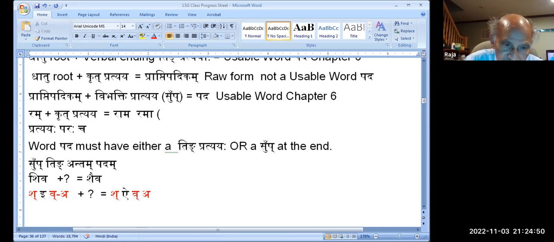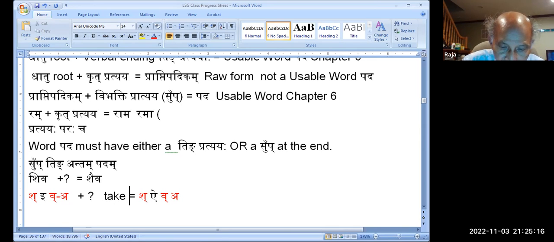What's the relation between E and I? In simple non-Sanskrit terms, I have to take Vruddhi, because I is the Vruddhi of E.